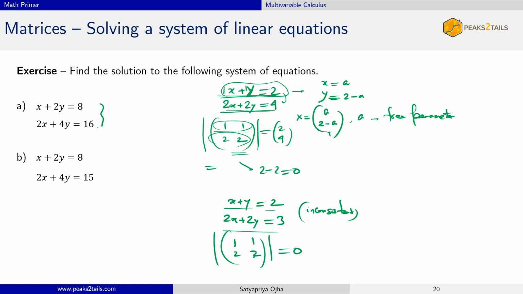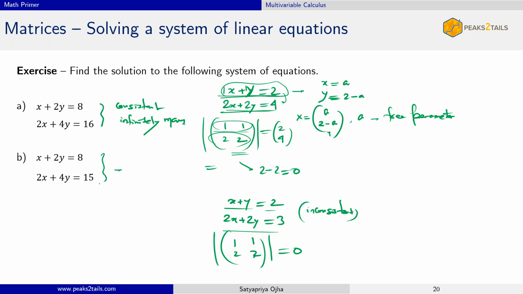Now let's do the exercise. Look at the first problem. What is the answer to this? You just need to stare at it and you can tell me the answer. You don't need to do any calculations. Perfect. Consistent and infinitely many. Perfect.